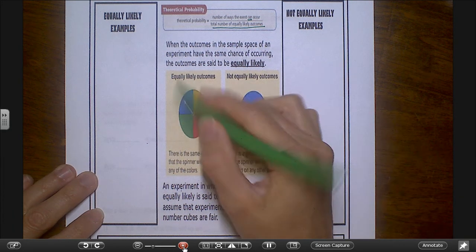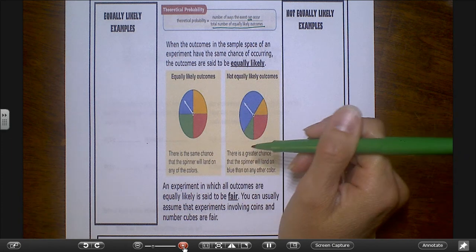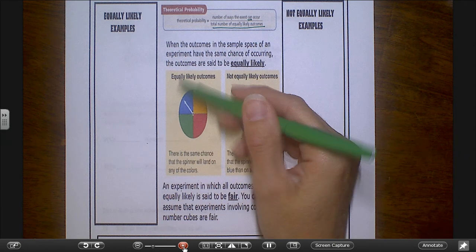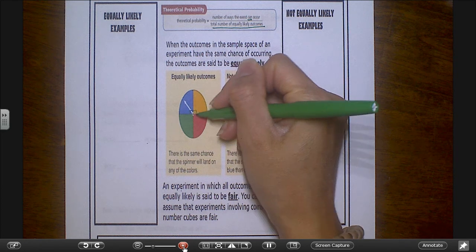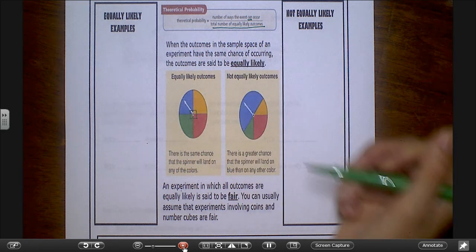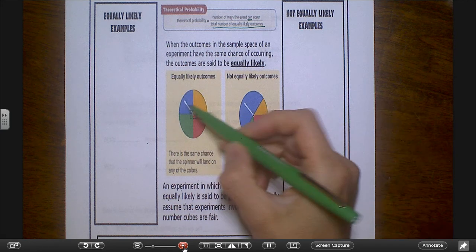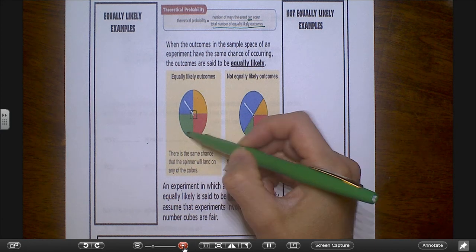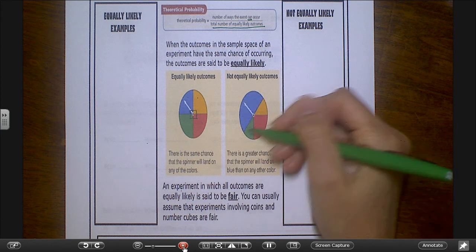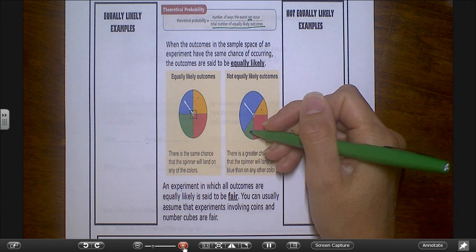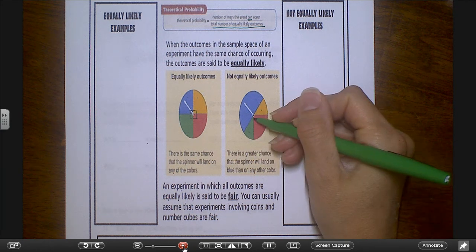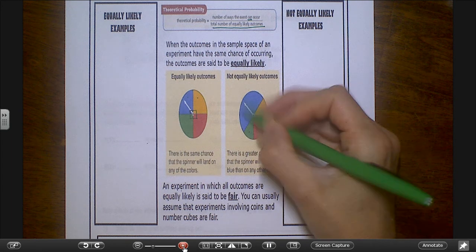So if you take a look at this example right here, this is an equally likely outcome because each of these occupy a fourth or 90-degree angle of that circle. So I could just as easily land on blue, yellow, red, or green. In this one, I have very small yellow, smaller green, about a quarter of it is red, and then about half of it is blue.